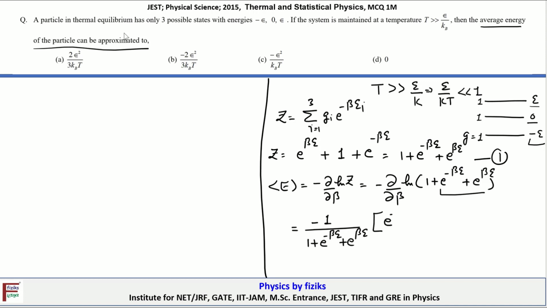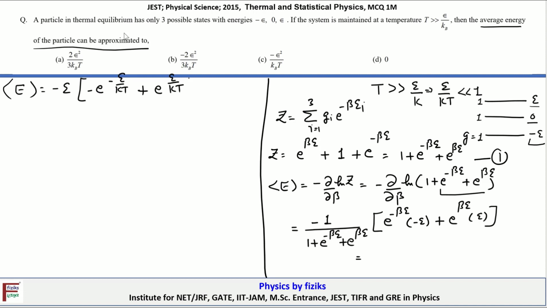The first term will give us exponential minus beta E, and then again minus E, plus exponential beta E, and then E. So this can be rewritten as, on the left hand side, average of E, equal to minus E outside, and inside the bracket we will be left with minus exponential minus E upon kT, and then the second term plus exponential E upon kT, divided by 1 plus exponential minus E upon kT plus exponential E upon kT.